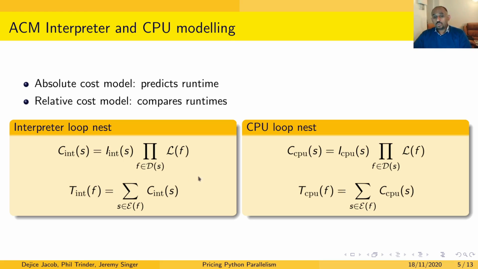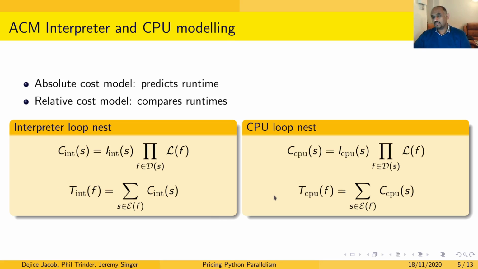Now, the total cost for that entire statement for every single instance is going to be the product of the domains of every loop that dominate the statement S. And the total cost of the loop nest itself is going to be the sum of all those costs.